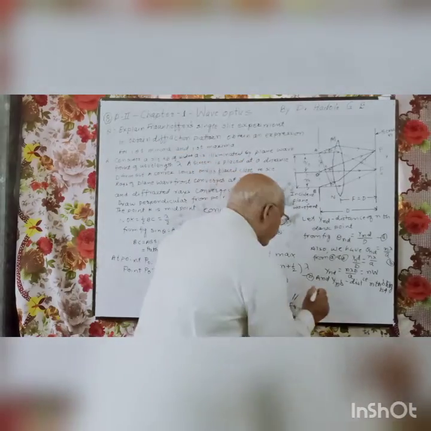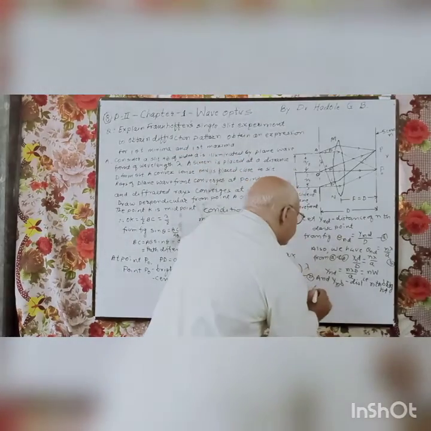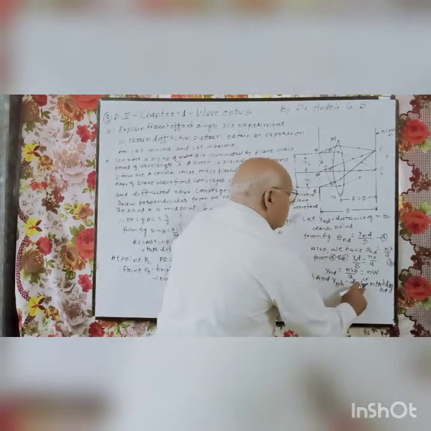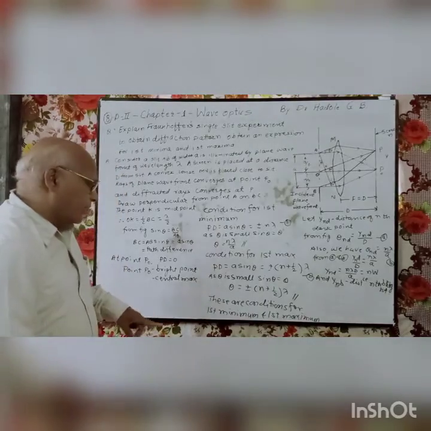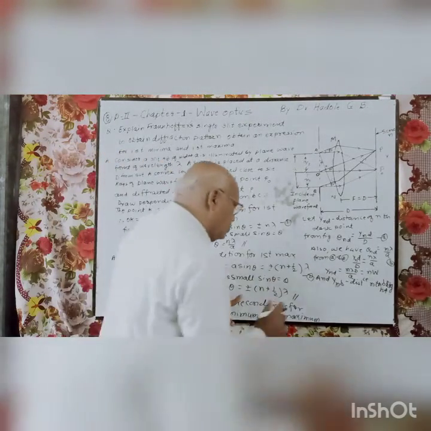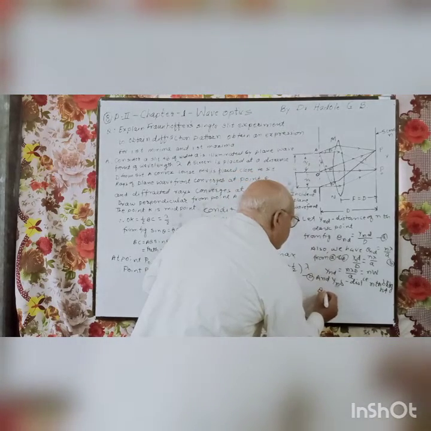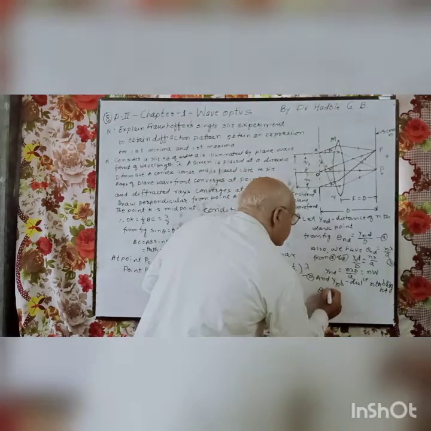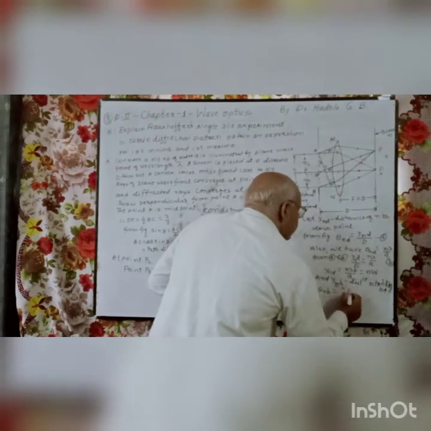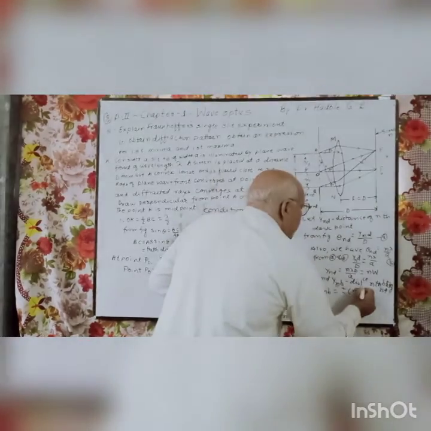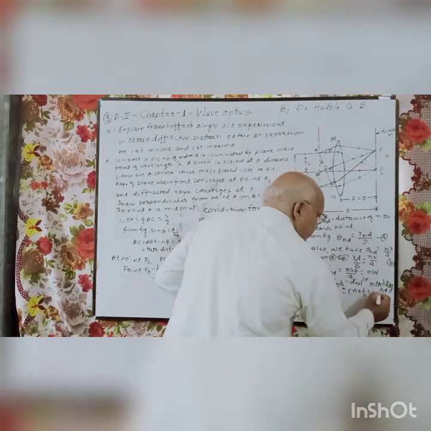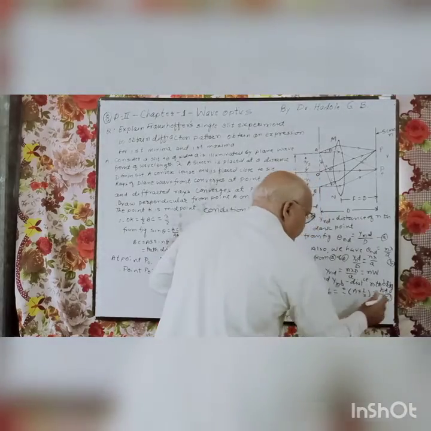Therefore from the figure we write, for the bright point, or maximum point, we have this condition: theta nb equal to plus or minus (n plus half) into lambda upon a. This is equation C.